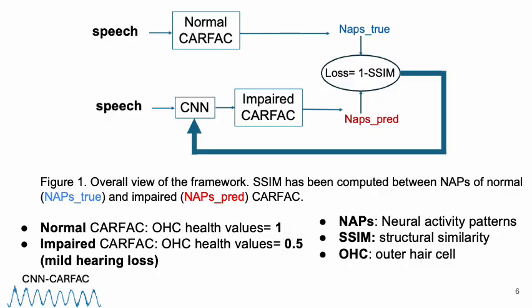NAPs true correspond to the normal CARFAC, and NAPs prediction correspond to the impaired CARFAC. And we are comparing these NAPs true and NAPs prediction through an index called Structural Similarity Index, or SSIM, which is a well-known similarity index in computer vision. And finally, the loss function is computed as 1 minus SSIM.